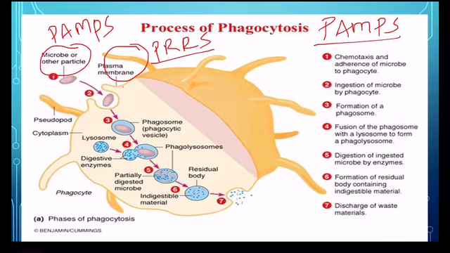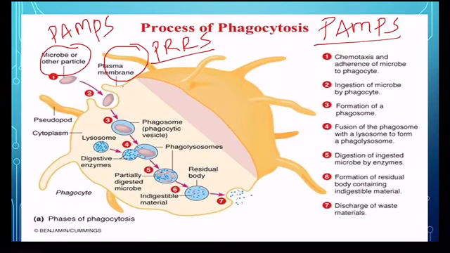Phagocytes also get activated by the antibodies and the complement proteins, because the phagocytes have receptors for binding to the immunoglobulins, or antibodies, and to the complement proteins.